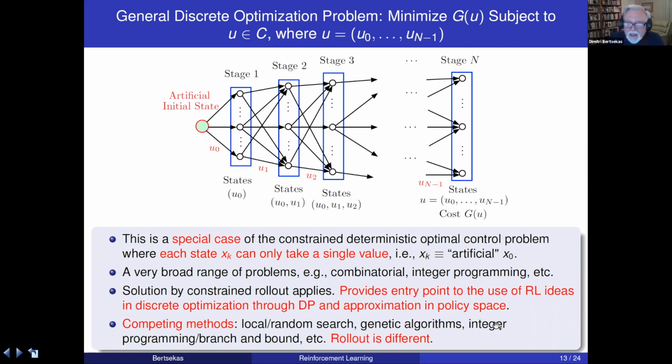Integer programming also has a large variety of rich methodology. And the part of integer programming that's closest to rollout is branch and bound. I don't know if you've heard of this method. I'm not going to describe it here, but it involves fixing integer variables one by one and finding which candidates to fix in some intelligent way using upper and lower bounds and so on.